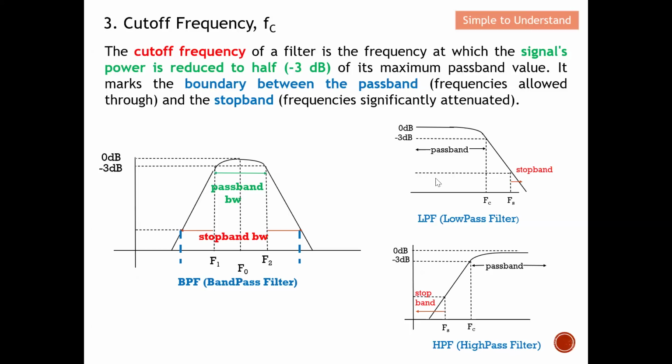All the frequency components over here will be able to pass. After the cutoff frequency, they want to remove as much as possible. So basically this is the cutoff frequency. Same for high pass filter. Once they exit this cutoff frequency, they will switch from stop band to pass band. So basically this is the definition of cutoff frequency.